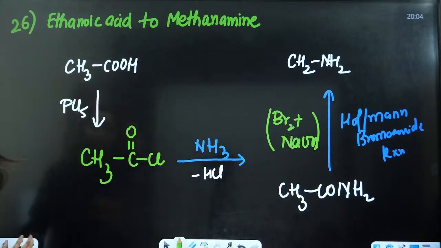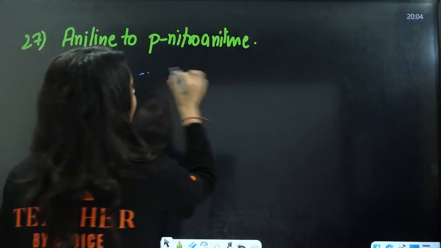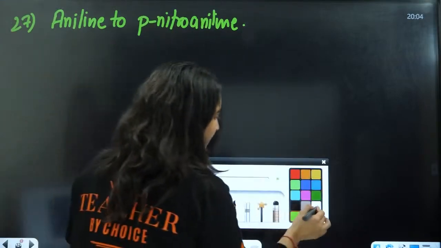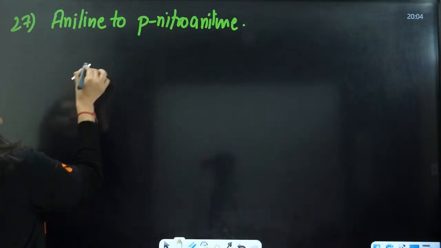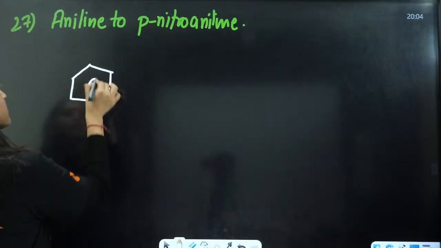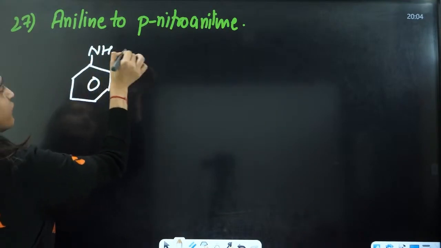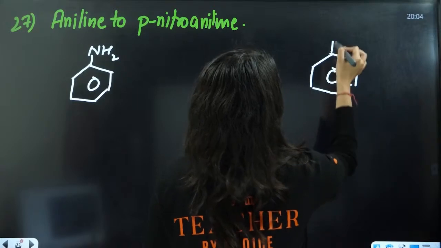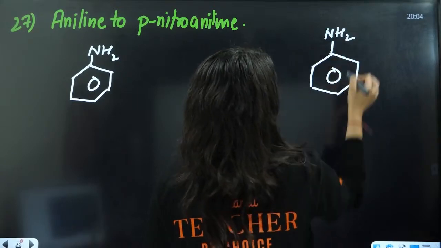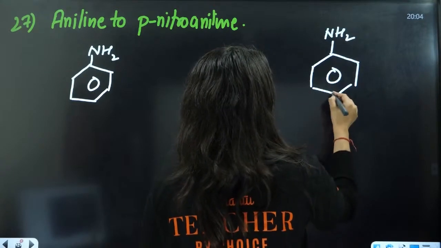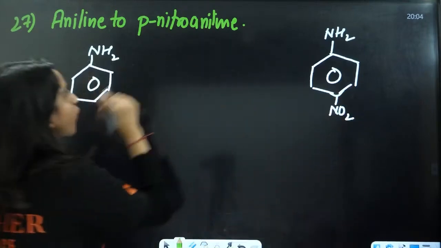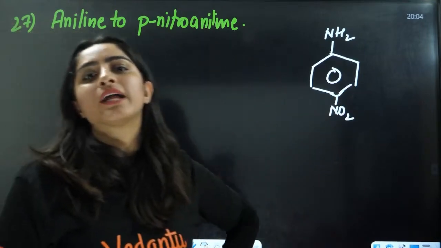Now, next thing is aniline. This is aniline to para-nitroaniline. So aniline is this, converted into para-nitroaniline. Very important, you can't directly do the nitration here.